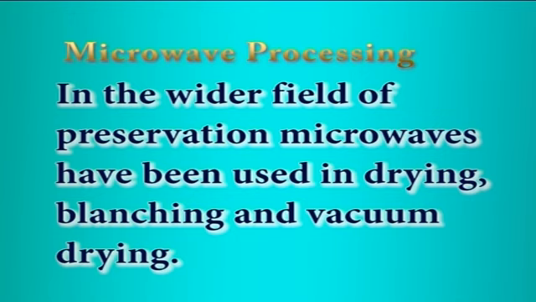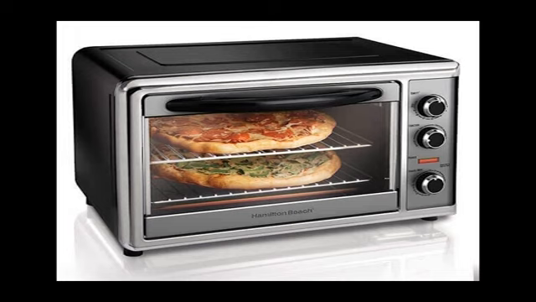Microwave processing. In the wider field of preservation, microwaves have been used in drying, blanching, and vacuum drying. Microwaves in combination with hot air have been shown to have a positive role in drying of foodstuffs. The principle behind the potential of microwaves to enhance heating rates is simple.